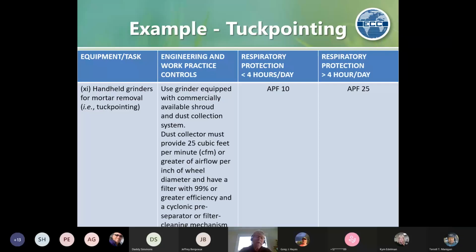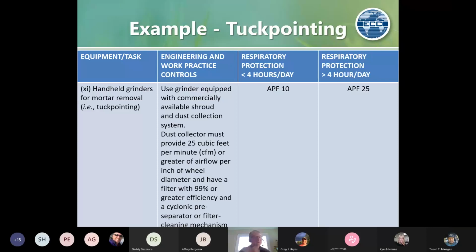And in addition, if your exposure is less than 4 hours, you'd have to have a respirator that has an assigned protection factor of at least 10. So that would be a half mask respirator, NIOSH approved. Could be a dust mask or an N95, I should say. That would have an assigned protection factor of 10. But if you're exposed to this operation for more than 4 hours a day, then you have to upgrade the respiratory protection.